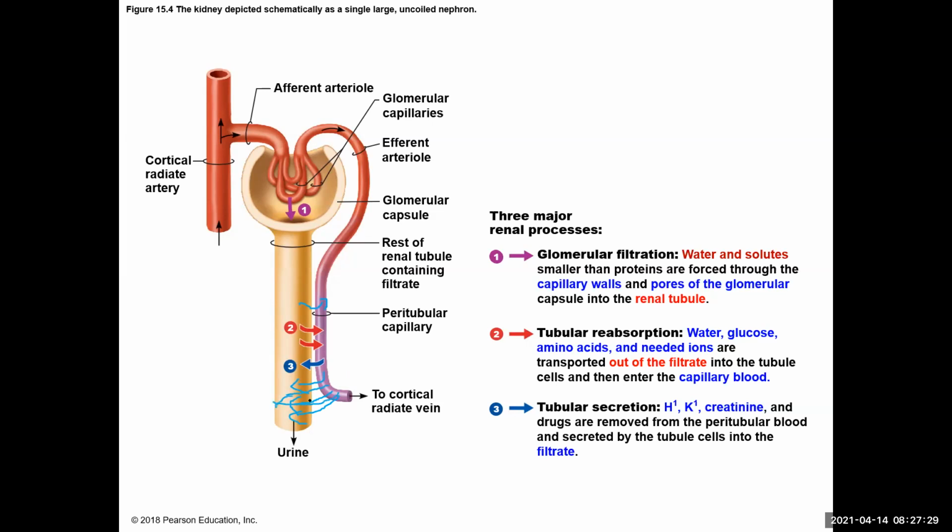Or if a person has, for example, alkalosis, very high pH, then more and more hydrogen ions will be secreted into the kidney tubule. So that is why I said that secretion helps in maintaining the acid base balance of the blood.